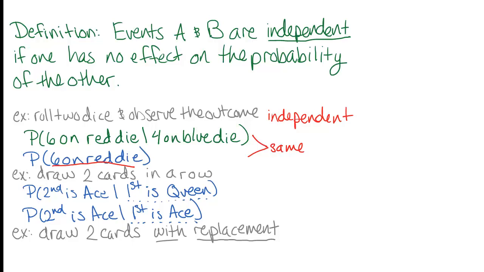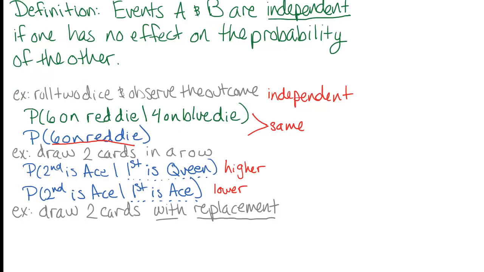So if you're playing blackjack, for example, and the first card that comes up is an ace, the probability that the second card would be an ace is actually slightly lower. The reason being is that if you've already gotten an ace, there's only 3 aces left to draw from, whereas if the first card was a queen, there's still 4 aces left in the deck. So in this case, the second probability would be slightly lower.